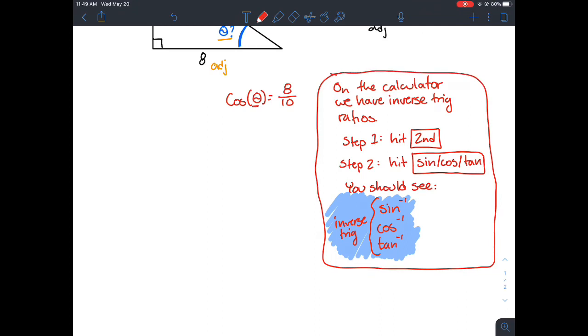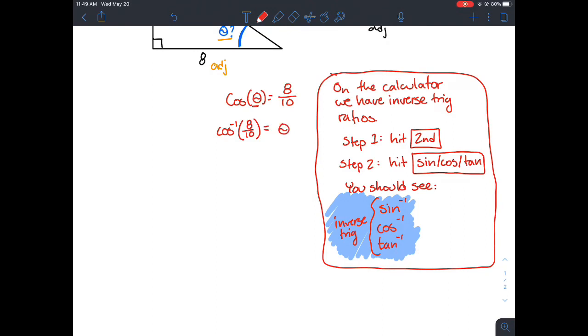So on my calculator, if I hit second cosine, I'm going to get cosine -1. And then since I'm trying to find theta, all I have to do is put in 8 over 10 next to that cosine -1, and that's going to give me my angle theta.